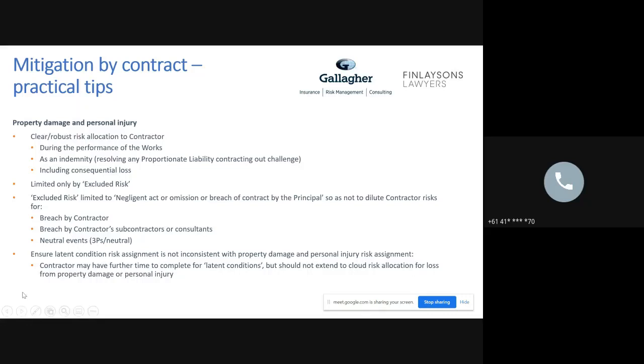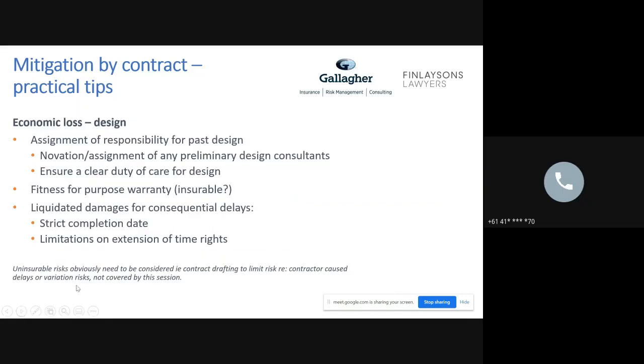Next slide, please, Lauren, just relates to the potential losses that might occur during the design stage. There will be situations where you engage a designer before then engaging a contractor to deliver the project. It is advisable to get the designer to then contract directly with the contractor, to provide a direct right of recourse then to the contractor for all things.